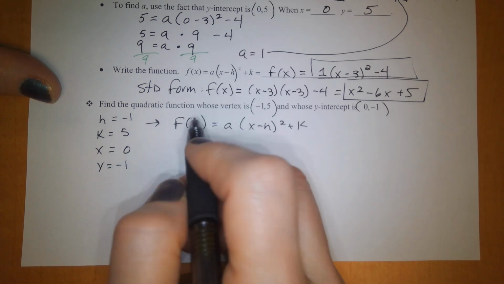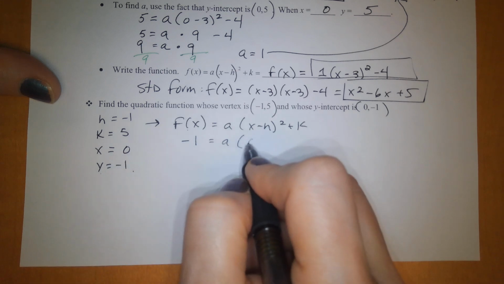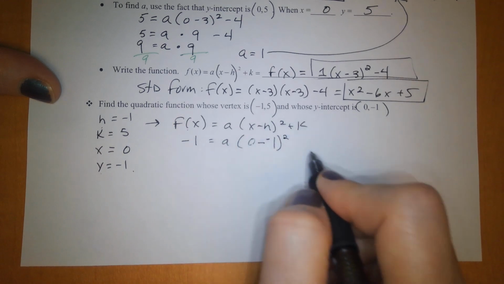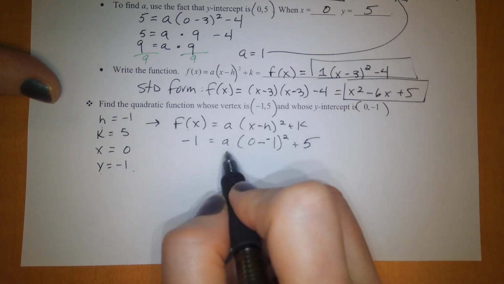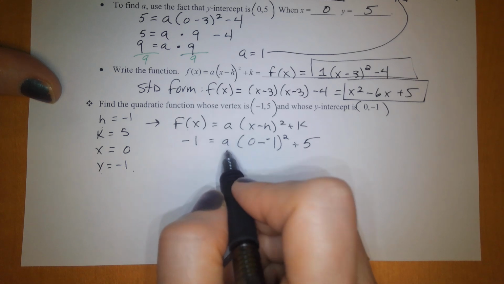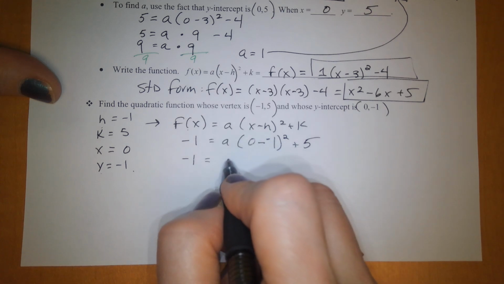So f of x is the same thing as y. x is 0, h is -1, k is 5. So you can see I have everything in this equation except for a. So let's solve for a. So -1 equals a times 1 squared plus 5.